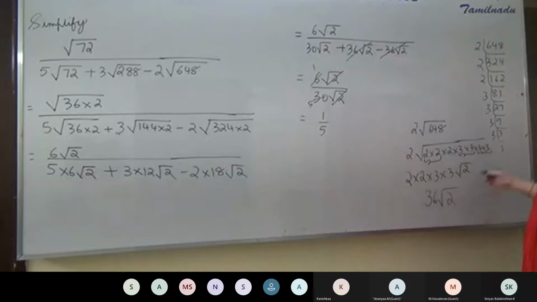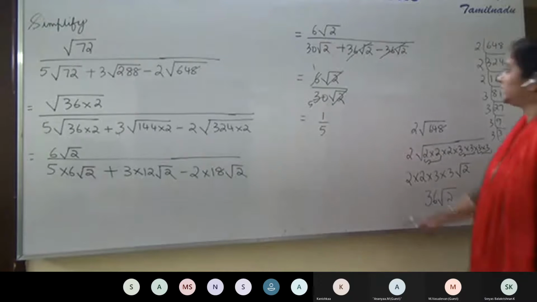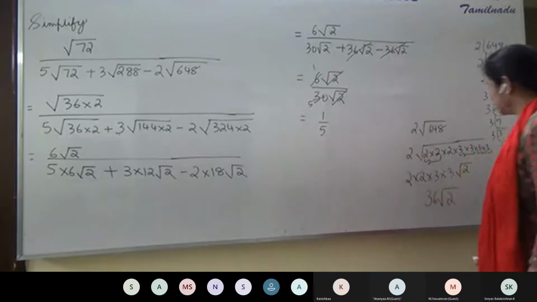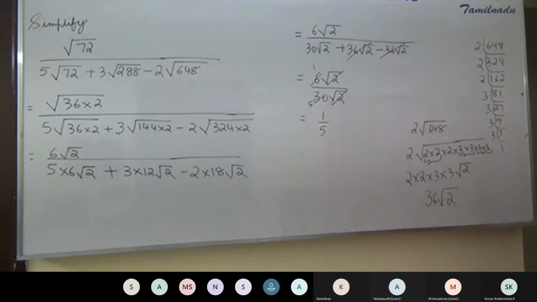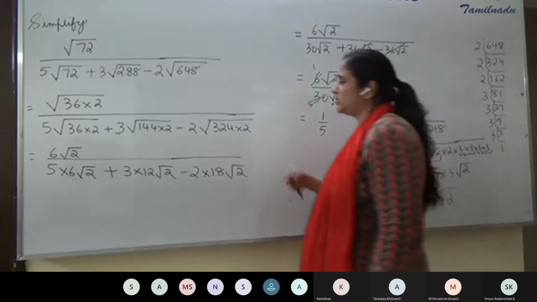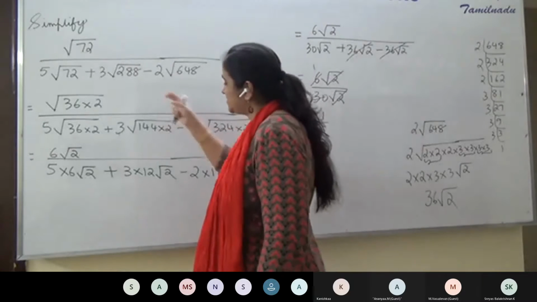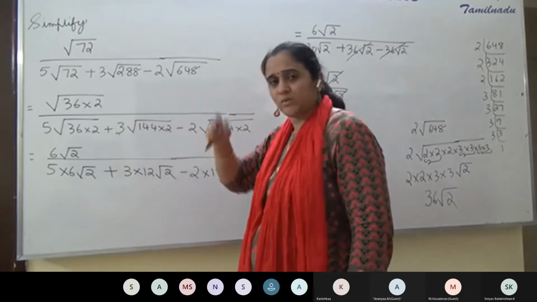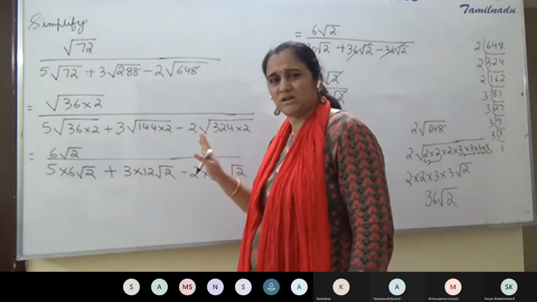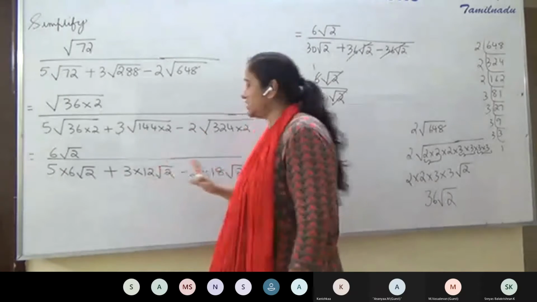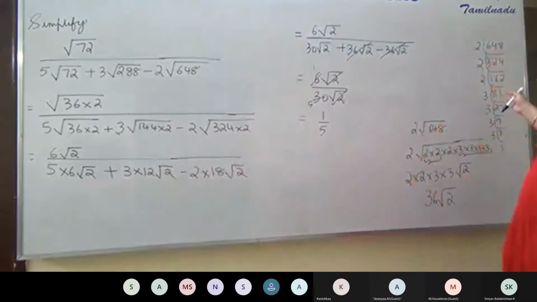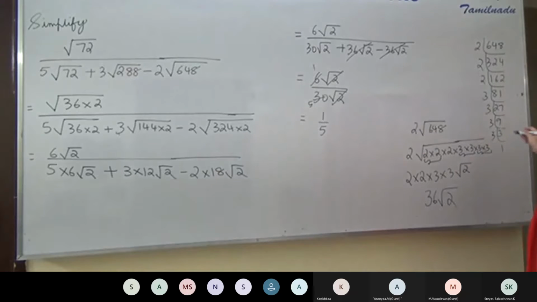You should get the same thing. That's what we got. So you can also do this. If you feel it's difficult to find this number as a product of a perfect square and some other number, don't waste time on that. This will give you the answer. Just find the prime factors like this and finish it.